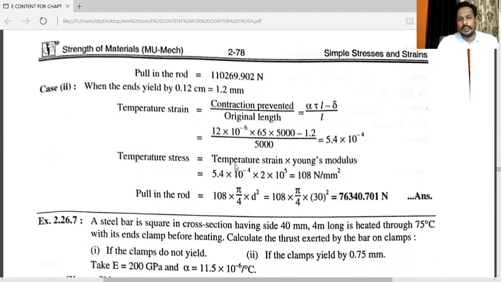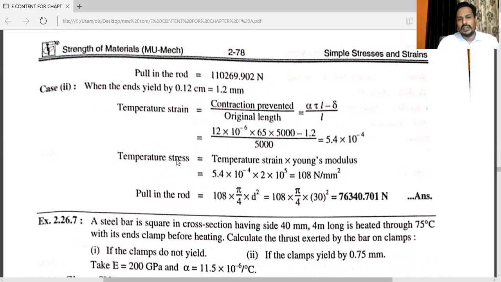We have the temperature, that is 65. We have the length, that is 5,000 mm, and the gap is 1.2 mm. The value is given in centimeter, so you have to convert to mm first. That is 1.2 upon 5,000. The answer is 5.4 into 10 raised to minus 4, that is temperature strain.